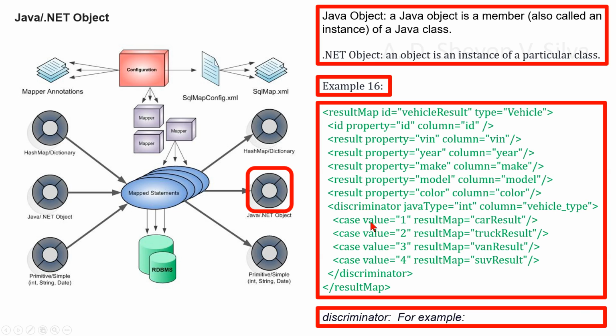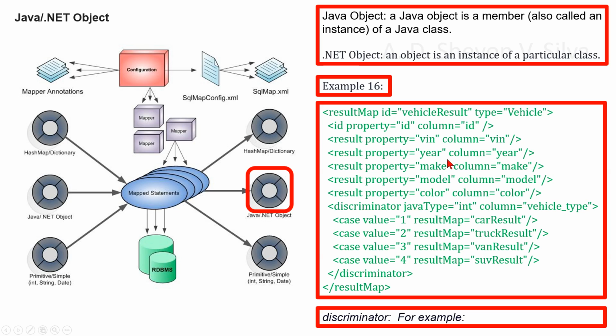A discriminator definition specifies column and javaType attributes. The column is where MyBatis will look for the value to compare. The javaType is required to ensure the proper kind of equality test is performed, although string would probably work for almost any situation.